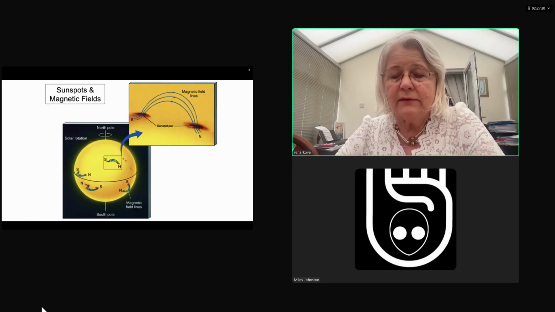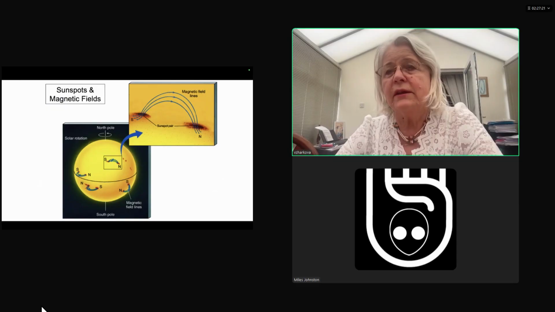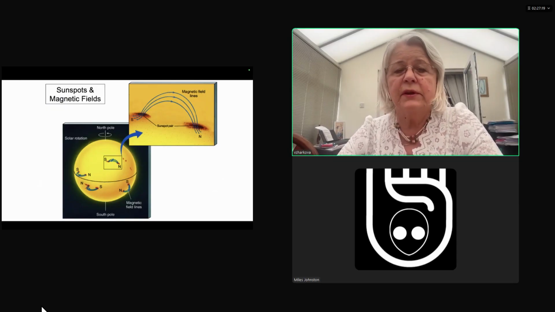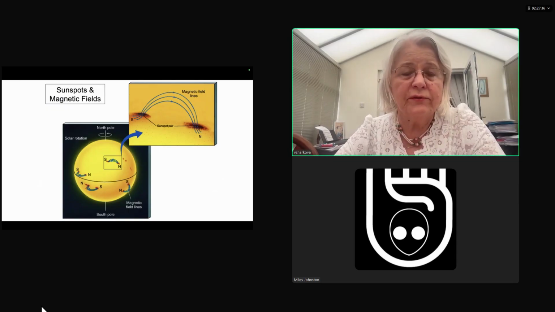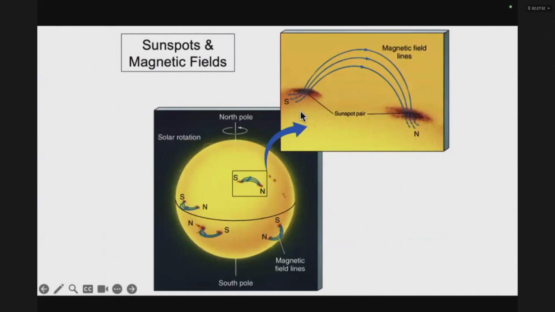And what happened in the last three solar cycles, the last 40 years, is that people invented the magnetograph, which measures the magnetic field of the sun. They discovered that the sunspots are the places where large magnetic loops are embedded into the photosphere.